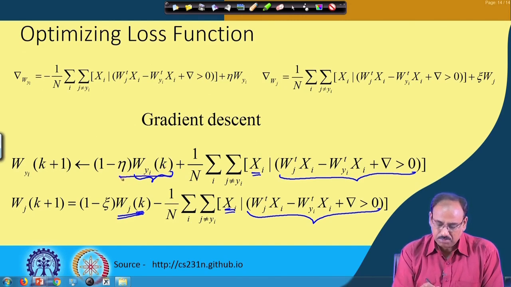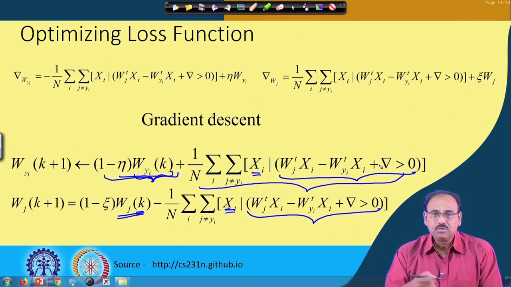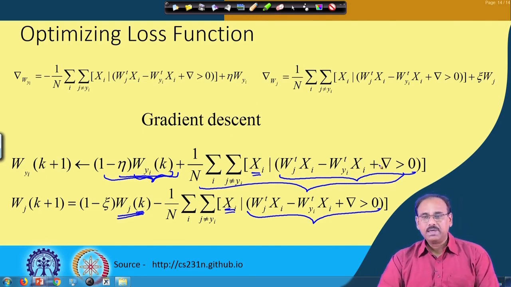This is the component which comes from the regularization loss part, and this is the component which comes from your data loss part. That is how iteratively you go on minimizing this loss function, and when it converges, the weight matrix that you get gives you the linear machine or the support vector machine for multiple classes.